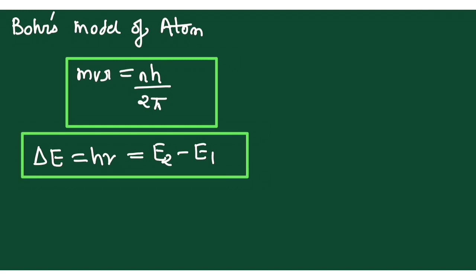You know that MVR, that is angular momentum, is given by MVR is equal to NH divided by 2 pi. You must have studied angular momentum is equal to NH divided by 2 pi, and that this is the quantization condition.